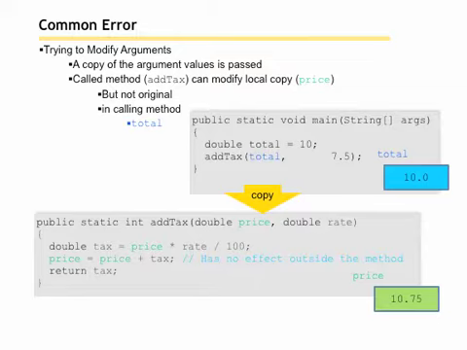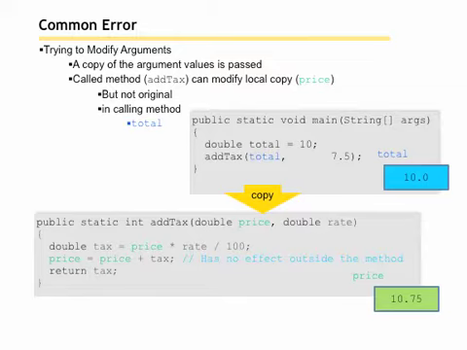We set double tax equals price times rate divided by 100, and then price equals price plus tax. That has no effect outside of the addTax method. So when we hit the return tax, the addTax method is over. Price that's declared inside the parameter list there goes away, and the tax value is returned.